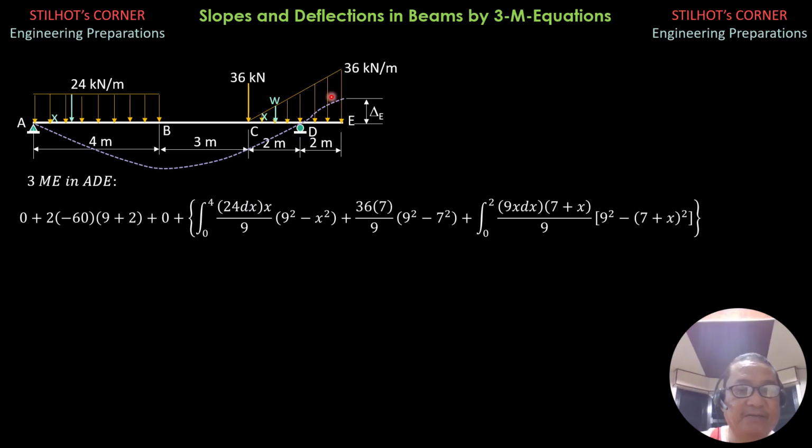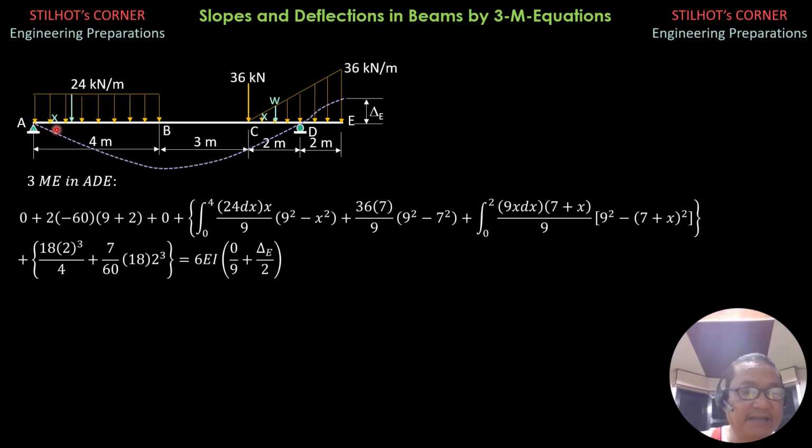Then for the triangular load, 7 over 60 W, which is also 18 times 2 cubed. So 18 2 cubed over 4 plus 7 over 60 times 18 2 cubed. Then equals 6 EI times delta A, which is 0, while delta E is automatic, over 2.